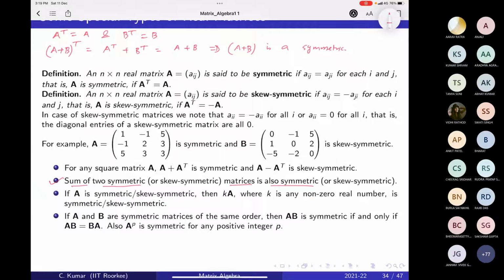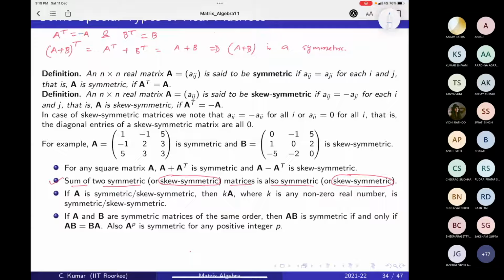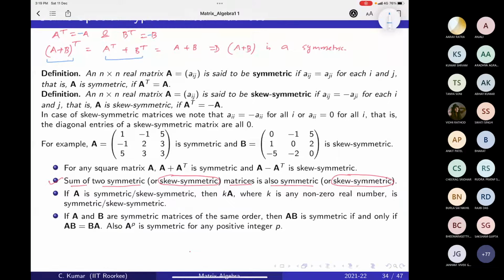Fine. Now the second part of this is if I take two skew symmetric matrices, then the sum is a skew symmetric matrix. So we just modify this. Let us say that I have a matrix A which is skew symmetric, so that means A transpose is equal to minus A and B transpose is equal to minus B. So you can again start from the transpose of A plus B. This will be equal to A transpose plus B transpose.